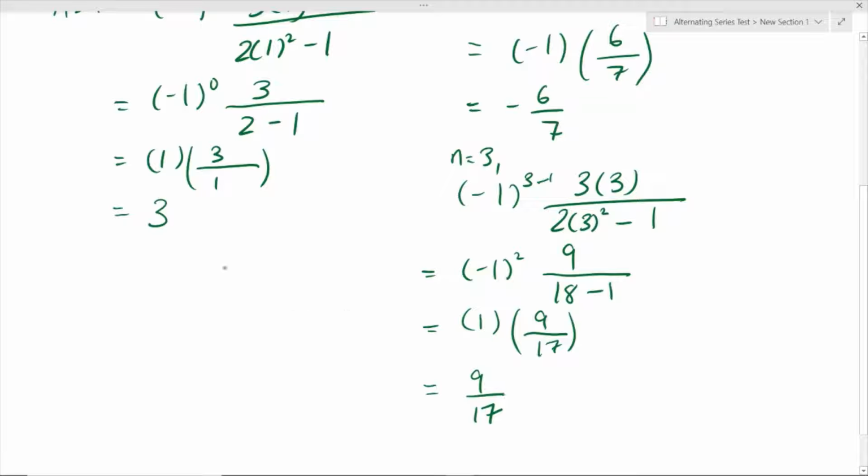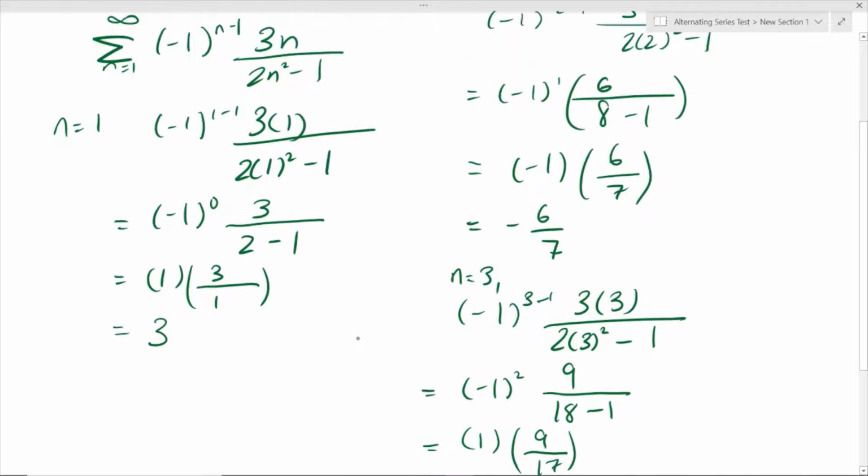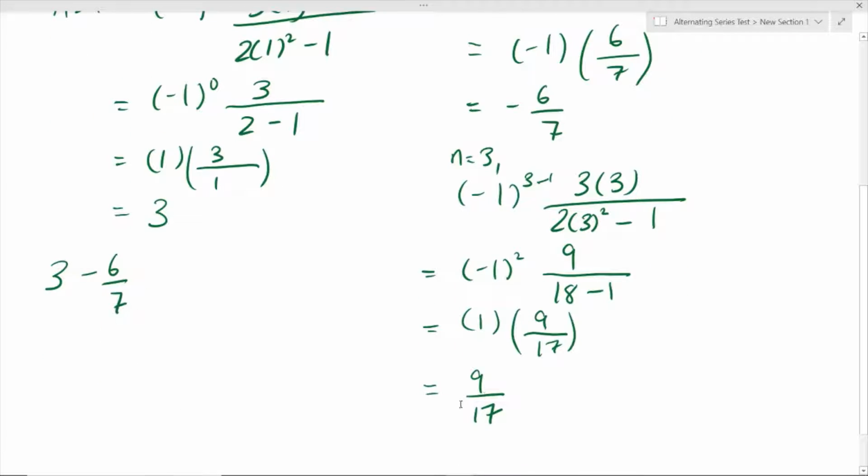And as you can see here, this number is positive, this number is negative, this number is positive. So we kind of alternate. So if we were to put this series together, we have 3 first. Then we will have -6 over 7 that comes next. And then we have 9 over 17 that comes next. And notice that I'm not writing it with commas like this, because this is a series, so we have to add these numbers together.